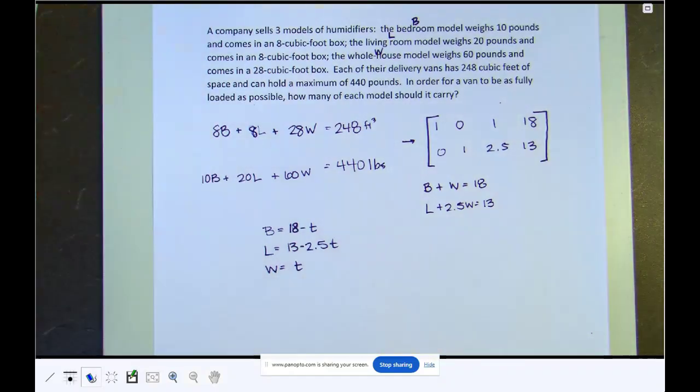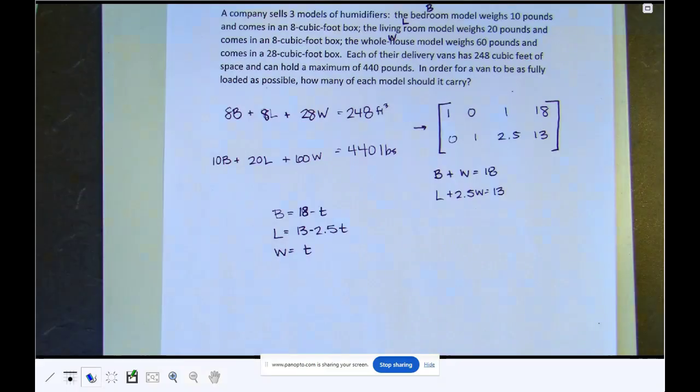Now, I want you to think about this just a second. I know the T is weird, but let's put it in terms of packing up a delivery van. Doesn't it make sense that everything would have to depend on the biggest one? If I'm going to pack something efficiently, however much of the biggest one that I can put in there is going to determine how many of the smaller ones I can put around it.